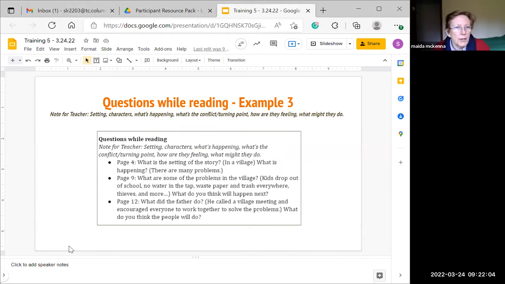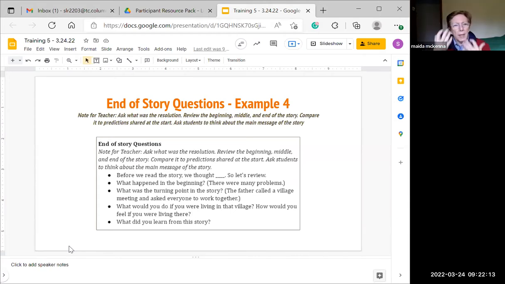Not in a threatening way or anything like that, but it keeps children accountable. And then at the end of the story, we ask them the big point of the story. And students need to be paying attention as we read in order to have understood the story, to be able to answer, what did you learn from the story? So the steps all connect.